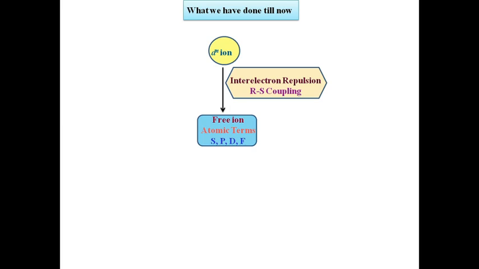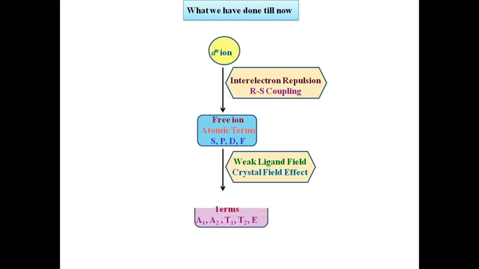Then we imposed ligand field interaction, especially the weak field situation, on the free metal ionic terms, and tried to get some crystal field terms or components as A1, A2, T1, T2, E, etc. for tetrahedral or non-centrosymmetric cases, and A1g, A2g, T1g, T2g, Eg for centrosymmetric octahedral cases.